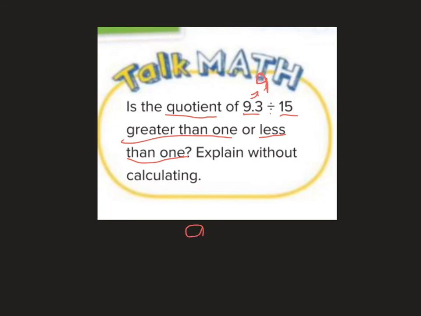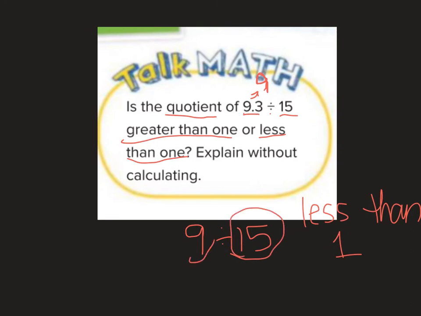So if I'm trying to divide 9 into 15 little pieces, I can't do it, guys. Can't do it. Well, I can, but it's going to be less than 1. And I know that because my divisor is larger than my dividend.